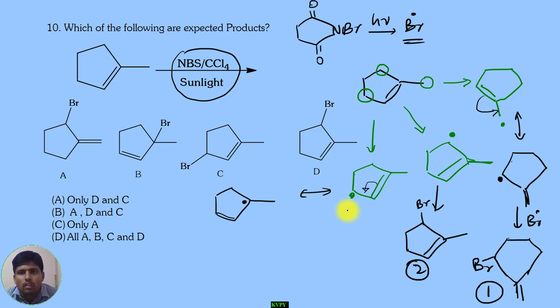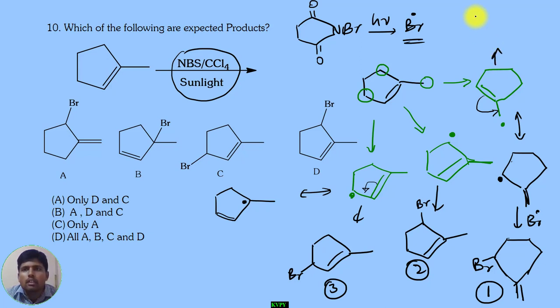The second product. Here this can also directly combine with the free radical and form this type of compound. There is no hard and fast rule that it should only resonate first and then combine. So there can be Br. So this is the third product. Even this free radical can directly combine and form something like this, Br here.